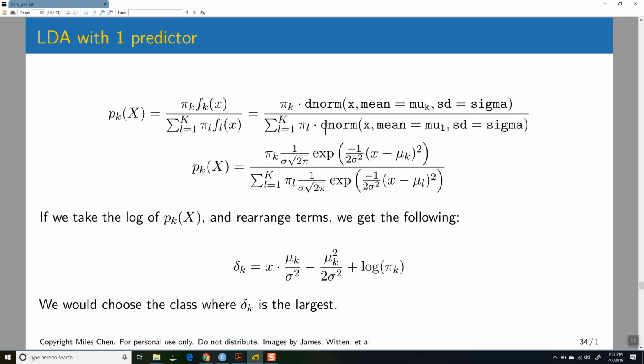And then if we took the log of this thing, and we eliminated terms that were common, you end up getting this, okay? If you take the log of this thing up top, then we're going to assign it wherever this value is biggest.